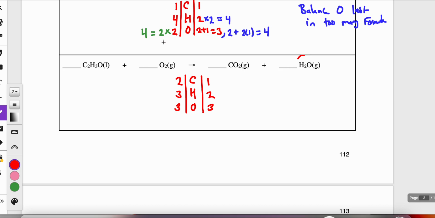So I'm taking a look here, okay? And I notice that with the hydrogen, I see a subscript of 3 on one side, and I see a subscript of 2. So I need to think about common multiples between 2 and 3 to balance it.